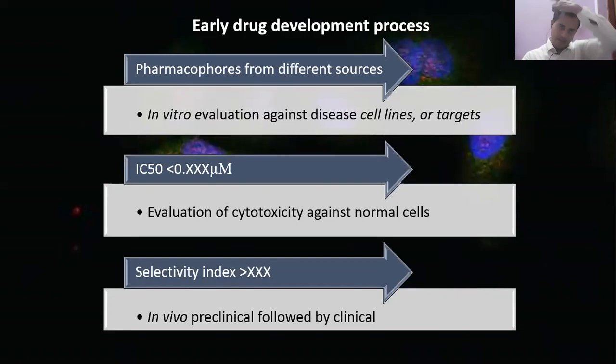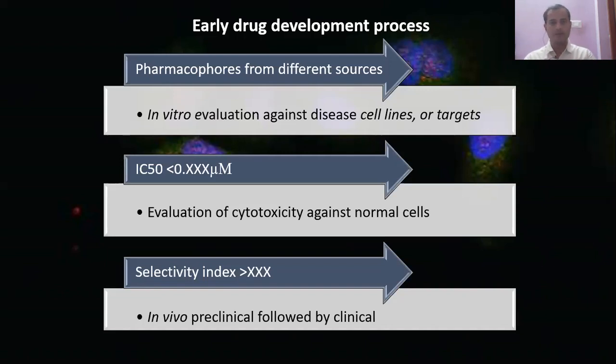So how do we develop an early drug, what is the overview of the process? We identify the target, as I told you. We select the pharmacophore from different sources, and then evaluate it in vitro against a disease cell line.